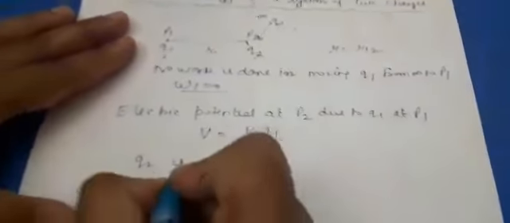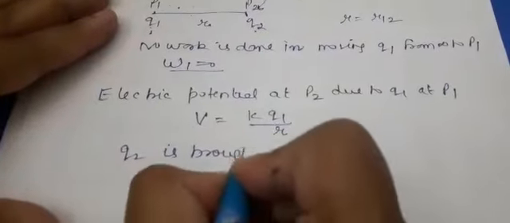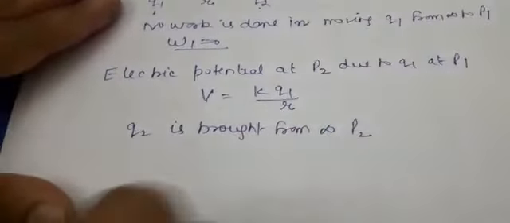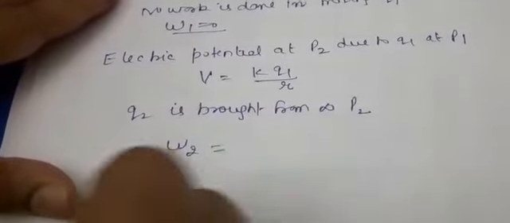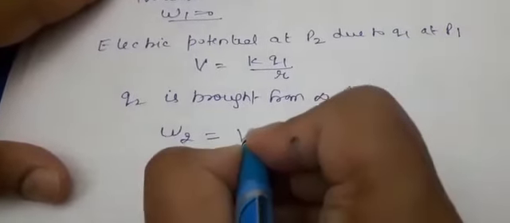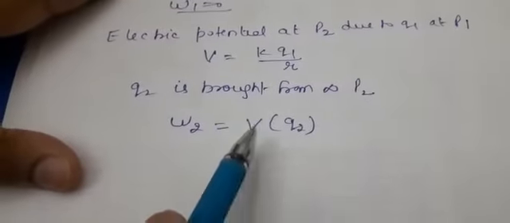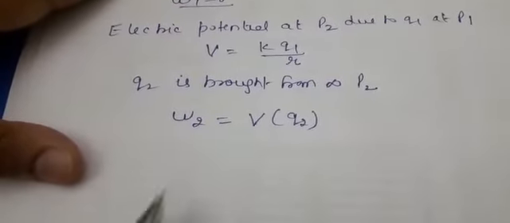And now if Q2 is brought from infinity to point P2, what will be the work done? Work done will be potential multiplied by charge. As per the definition, potential is work done per unit charge.